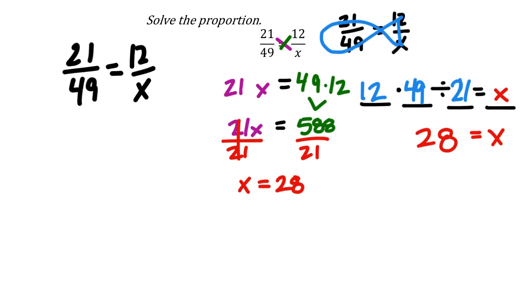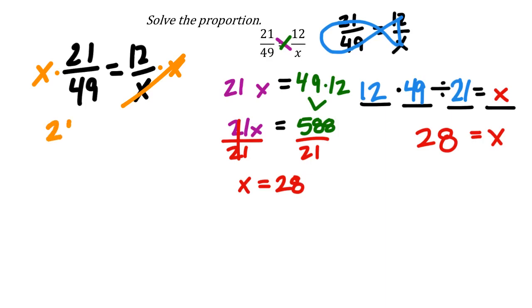What you could do, because I'm trying to get x equals something, but I don't want it in the denominator. And again, this is why the other 2 methods become more useful. I would need to get rid of the x in the denominator. So I would start by multiplying both sides by x, which cancels out into a 1.